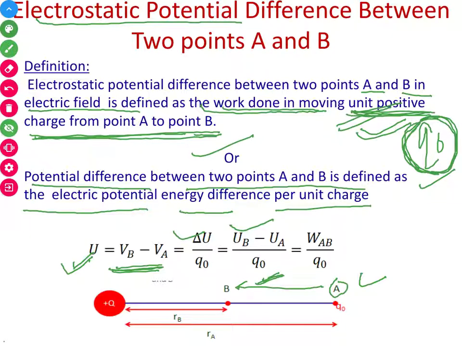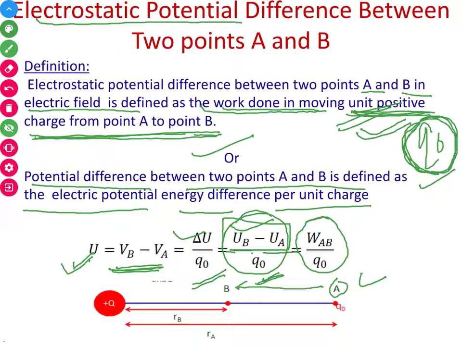If we divide by the test charge, we get the difference in electrostatic potential energy per unit charge. This is not UB minus UA, this is UB minus UA divided by Q0, and that should be equal to WAB upon Q0.